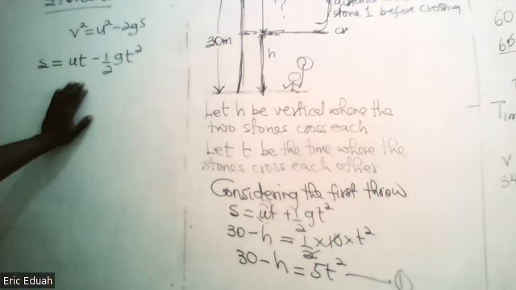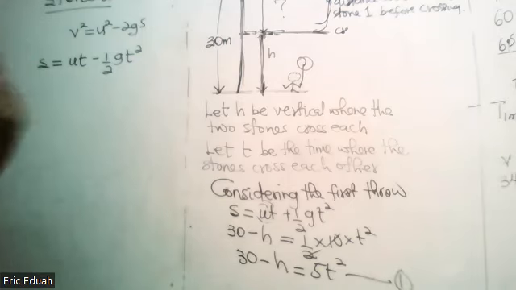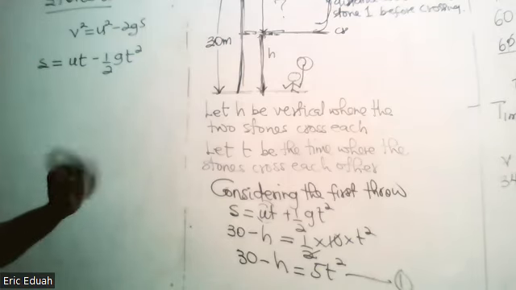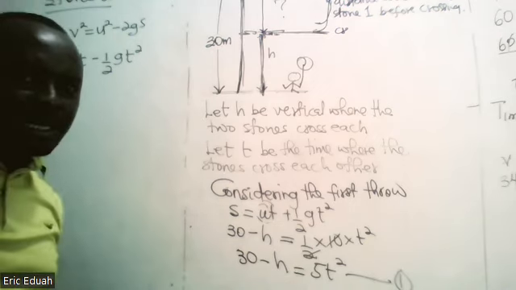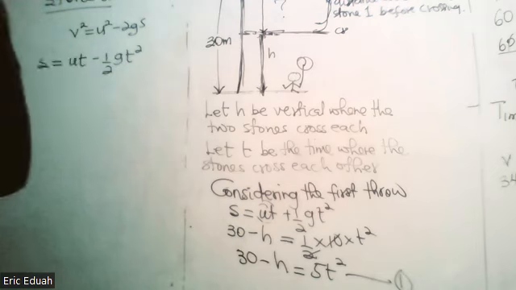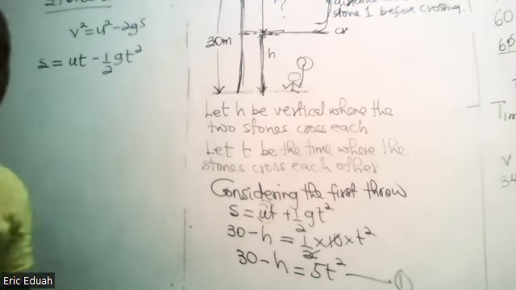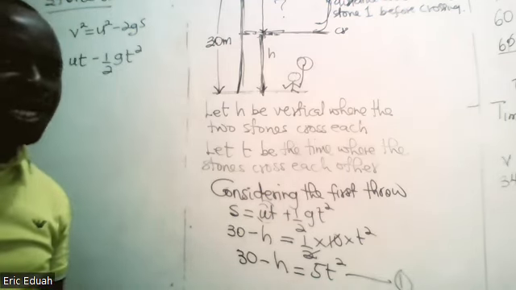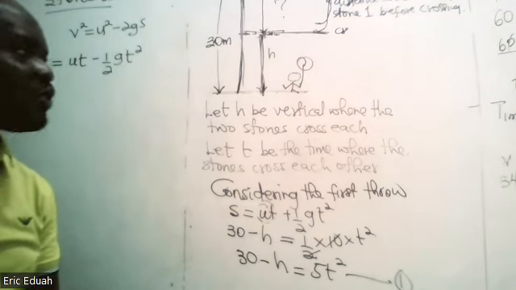30 minus 5. Akosia, open your eyes. You are overlooking something. What will be the distance to be covered before crossing with the first one?